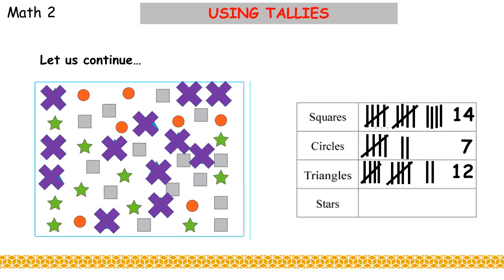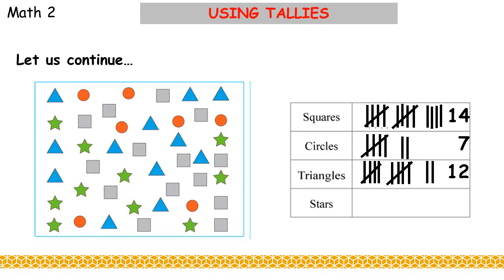You're right. We have 12 triangles. Lastly, let us count the stars. How many stars do we have? Very good. We have 10 stars.